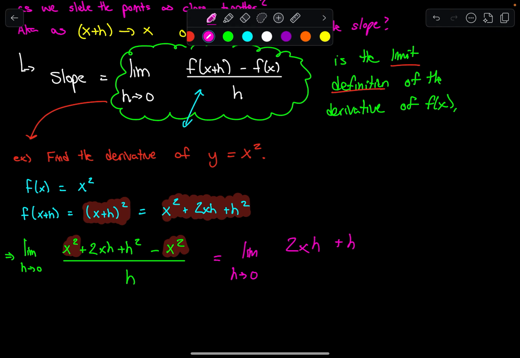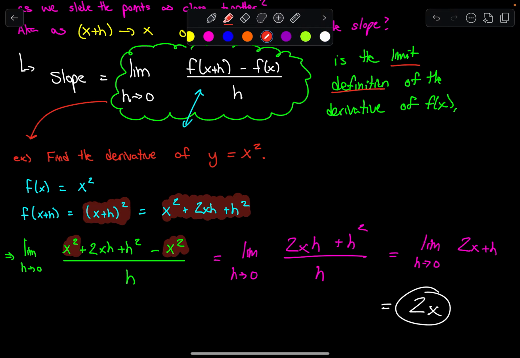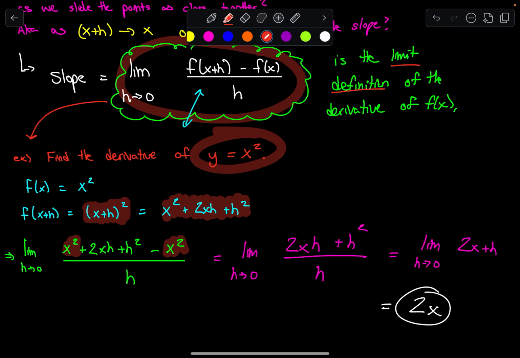Because we're going to get 2xh plus h squared over h, and now we can cancel out the h's, or at least some of them, and we're going to get the limit as h approaches 0 of 2x plus h, because the one that's in the denominator will cancel out with one of each of those, and now we can take the limit, and lo and behold, we get 2x. And so that means that the slope of our function, y equals x squared, is going to be 2x. That is the derivative of x squared. That is the derivative that you and I both know and love and what we expected to get.